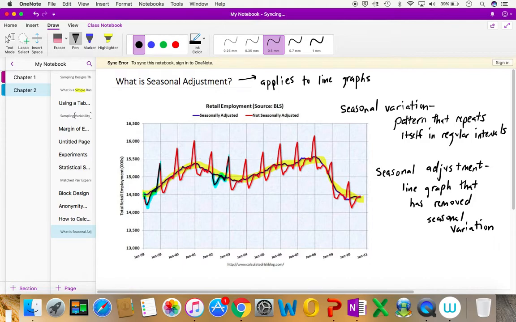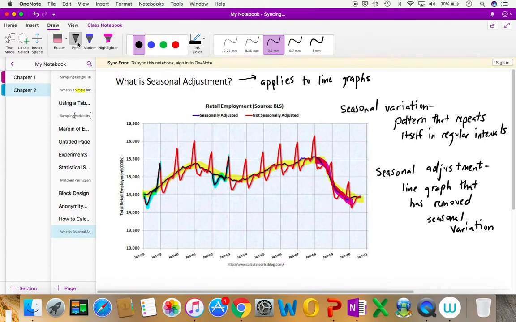The biggest change is right after 2008. It tapers off, it drops a lot, and let me highlight that in pink: from January of '08 until about January of '10.